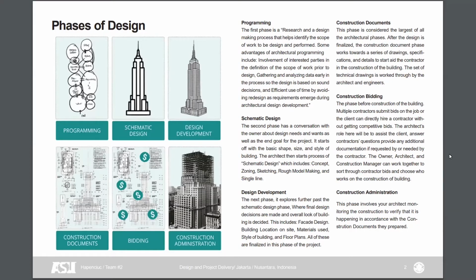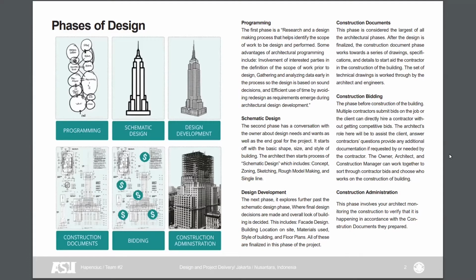And then going on to design development, it explores further, where decisions are made on the overall look of the building, which includes the location, materials, floor plans, etc. Then this is converted into construction documents, not only from the architect's point of view but also for the engineers, to get the construction started.